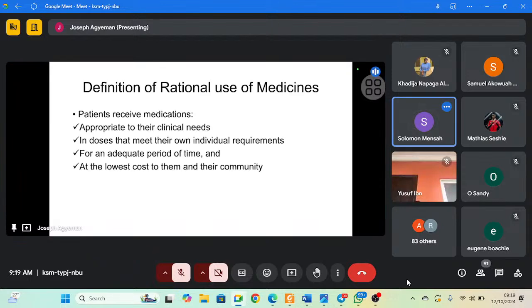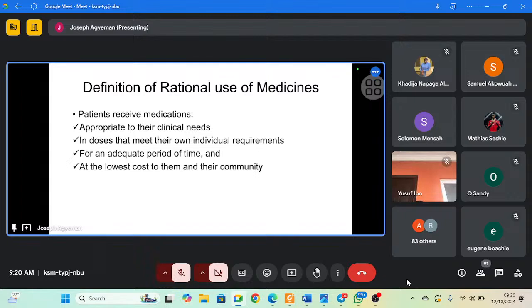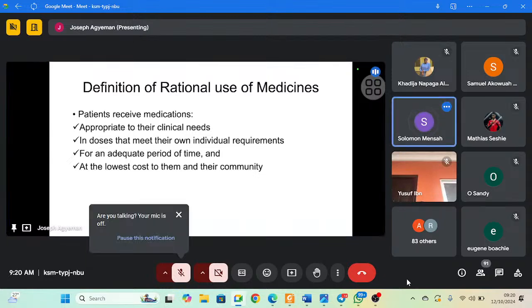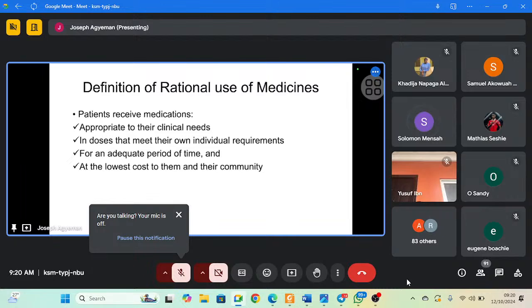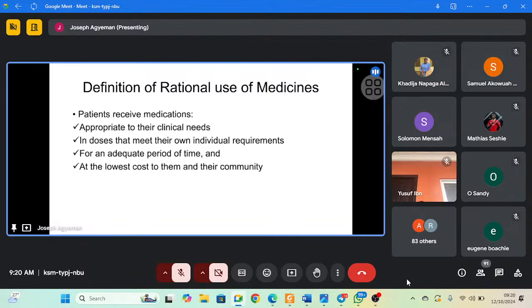So, when do we say that we have achieved rational use of medicines? To be able to say that you have achieved rational use of medicines, it means that you should be able to achieve all the following four factors.